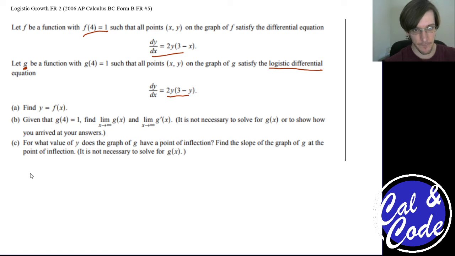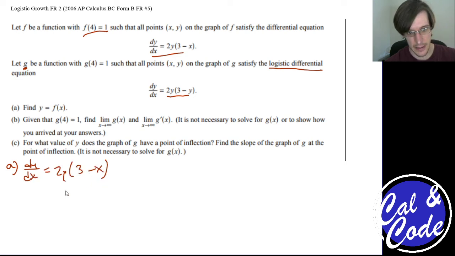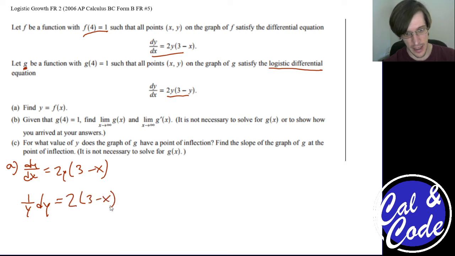So here we go. Part A. If I have dy dx is equal to 2y times 3 minus x, we'll separate. So 1 over y dy is equal to 2 times 3 minus x dx. I like to leave the 2 on the right-hand side.